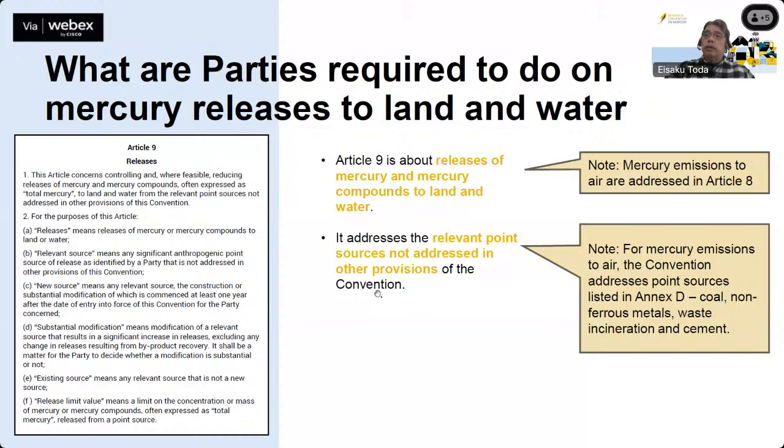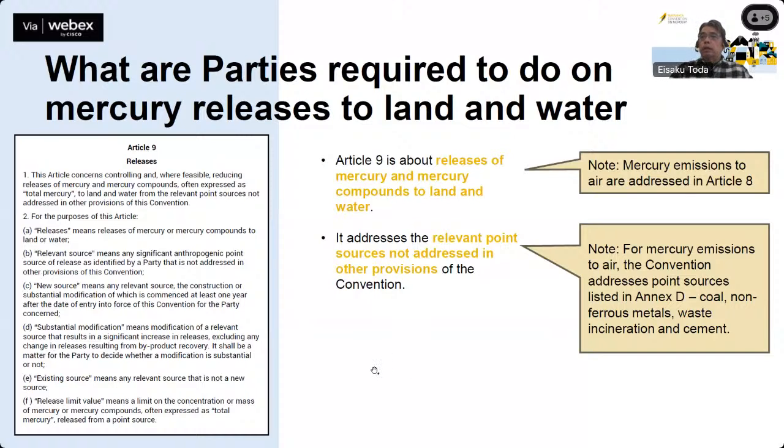Article 9 addresses relevant point sources not addressed in other provisions. So there are two keywords. One is point sources. Article 9 is about point sources such as a factory or waste incineration site and so on. It doesn't cover the mercury from contaminated sites or the use in artisanal and small-scale gold mining and so on. And the second keyword is not addressed in other provisions.